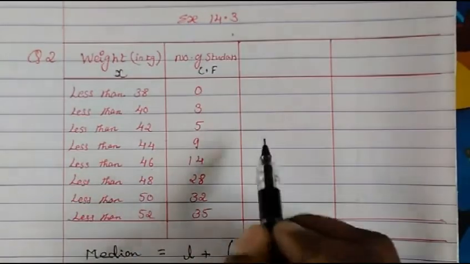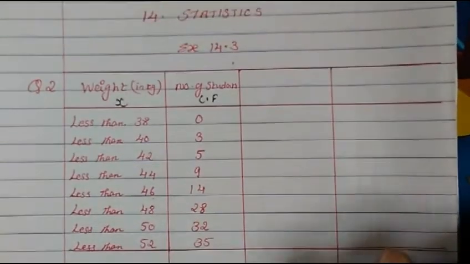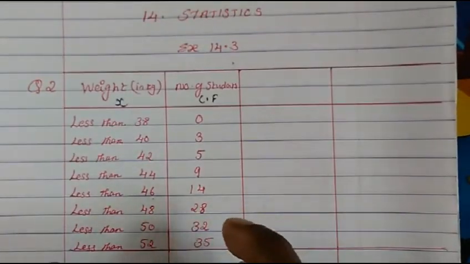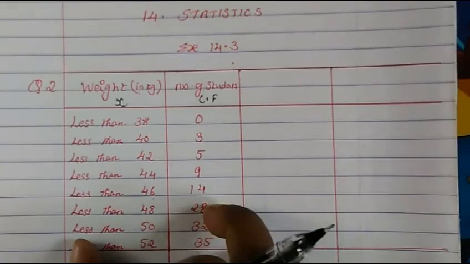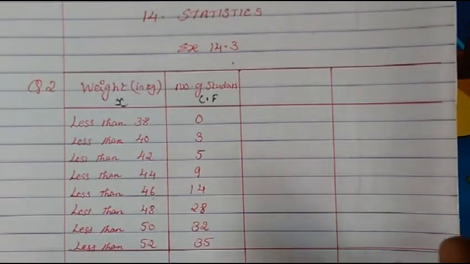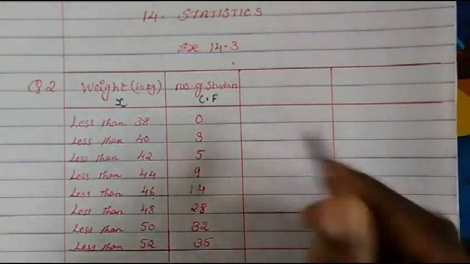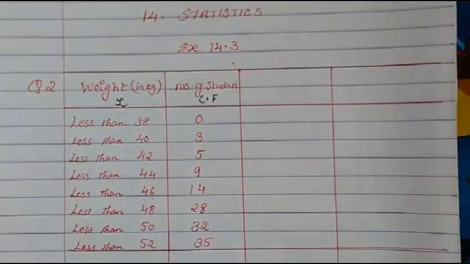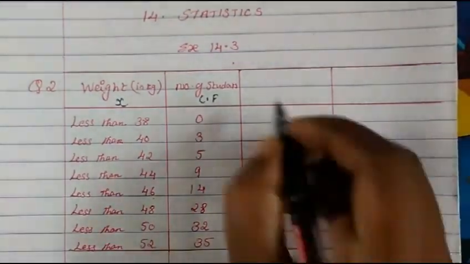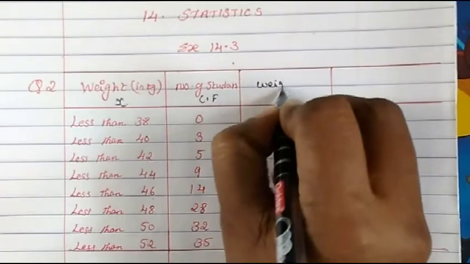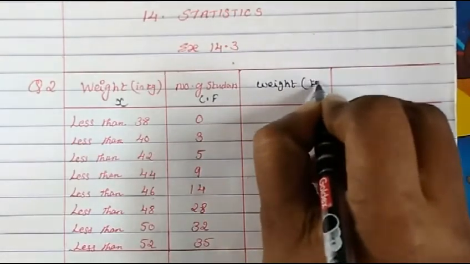Therefore we have to prepare the table of class intervals, just in reverse order of what we were doing, as is usually given in the textbook. So we have to prepare the class interval, that is weight in kg.